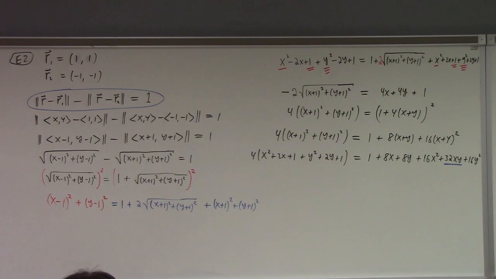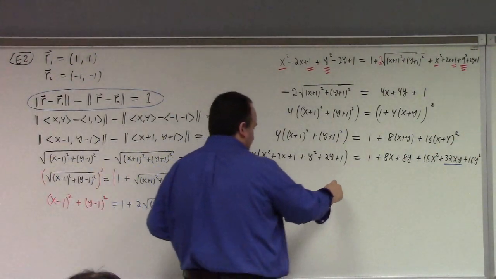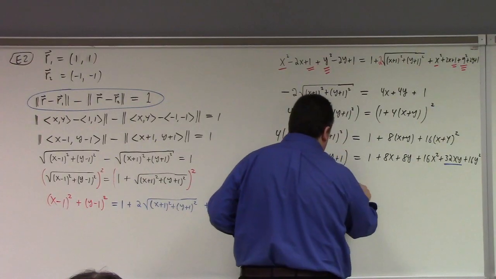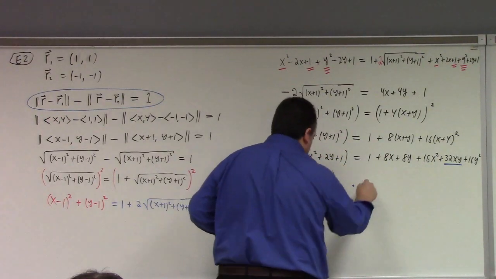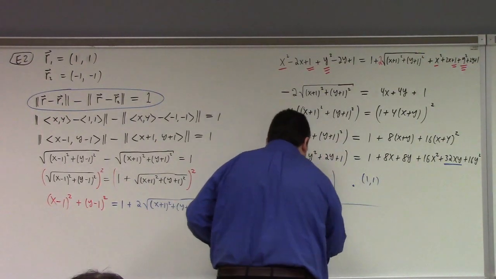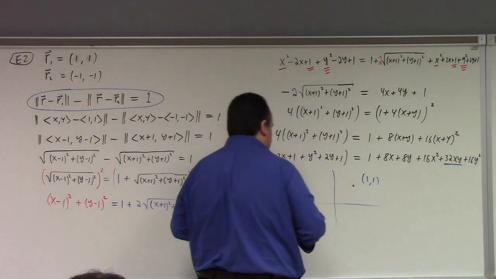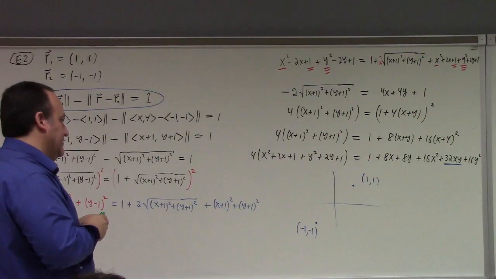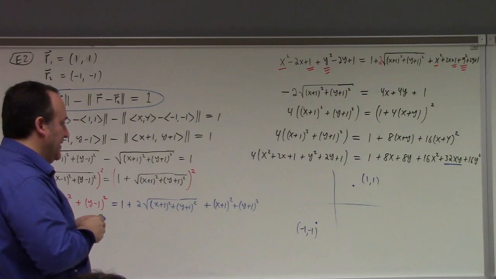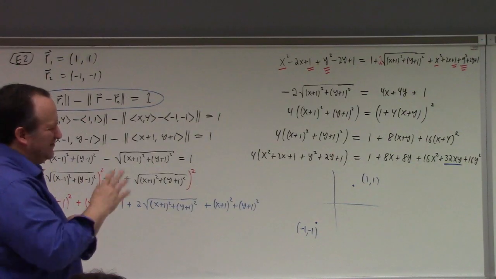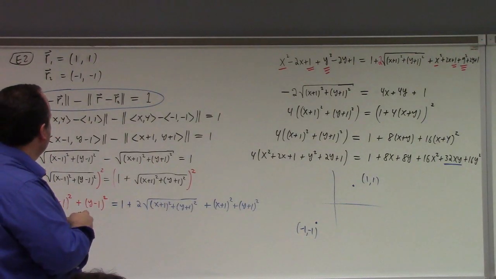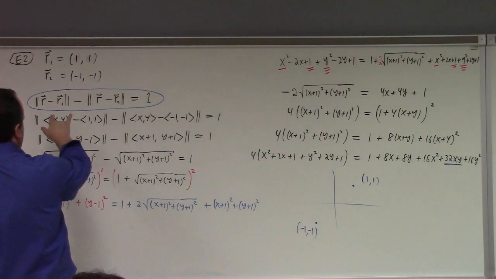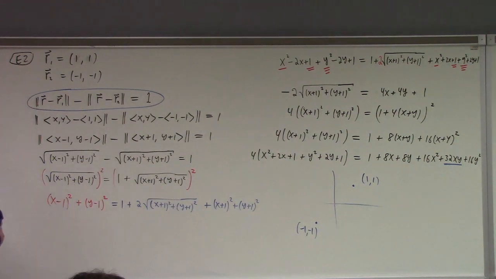But this is a hyperbola which has focal points like 1, 1, and minus 1, minus 1. I had hoped that this would work out to like y equals 1 over x, but oh well, that was wishful thinking on my part. Or I made an algebra mistake, but it's wishful thinking. Let's go with that. And so the difference in the distances is held equal to 1.